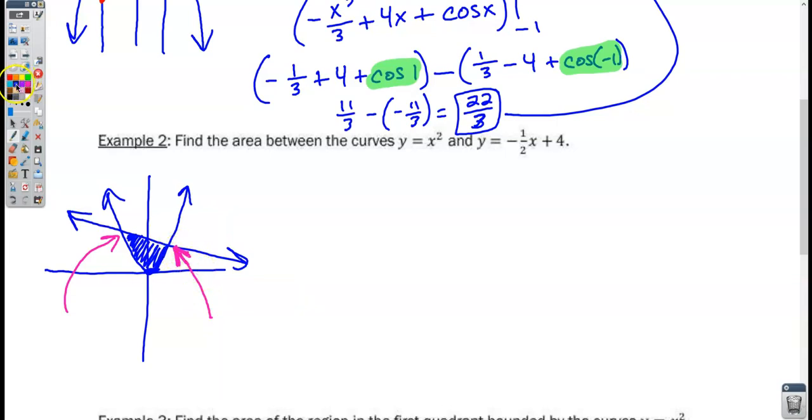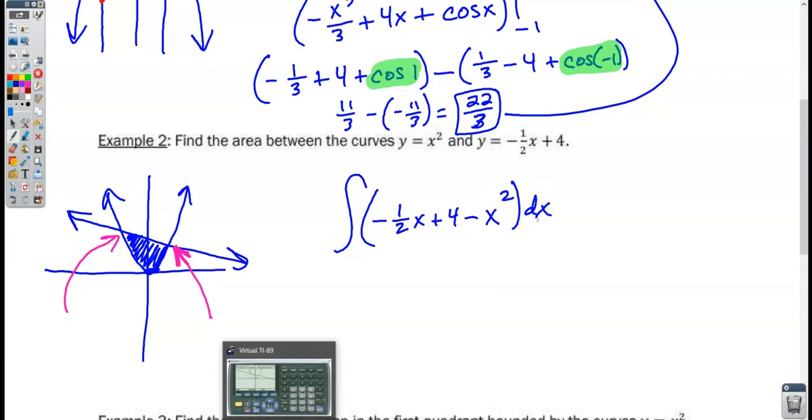I could, of course, find those by hand by setting the 2 equations equal to one another, but again, I'm going to proceed based off of the assumption that for the most part, when you're doing problems like this one, you are going to be doing them with a calculator in your hand when it comes to your AP exam.